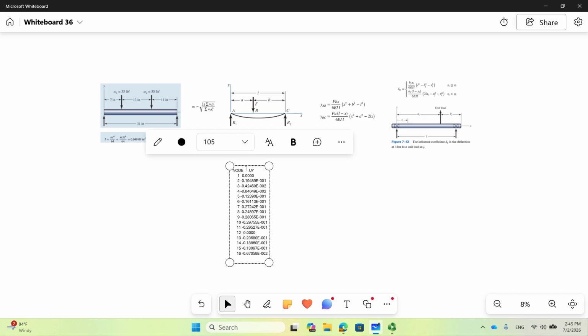So you know what, let me erase this, erase the rest of what I don't need, and eliminate these. Okay, so this is y1, this is y2.